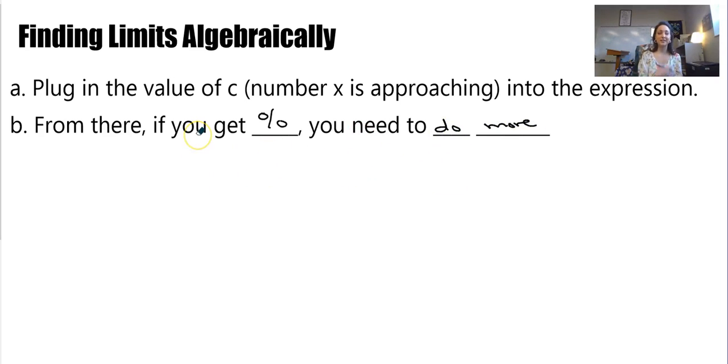Now, next year, when you're working these on the AP exam, you've got to show that you do indeed get 0 over 0 initially to justify that step of doing more work, okay? Also, when I grade these on the AP exam, something that gets students into trouble a lot is using equal signs everywhere and then dropping that limit part. So what I recommend is to go ahead and do arrows between each and every step.